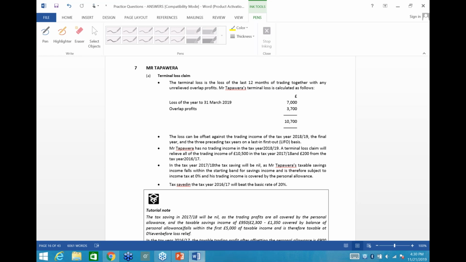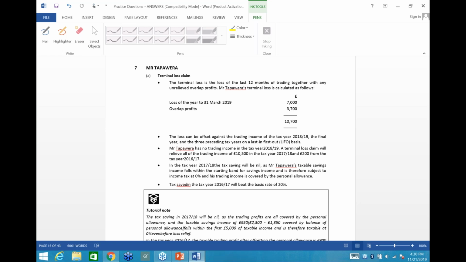Any unrelieved amount can be carried back for 3 tax years to set off only against the trading profit according to last in first out basis. That is what we called the terminal loss relief.